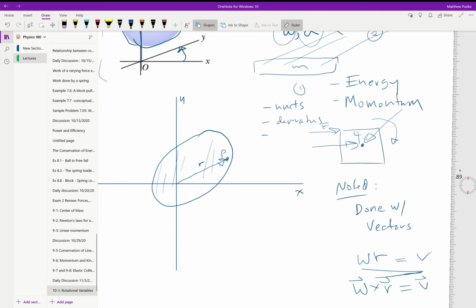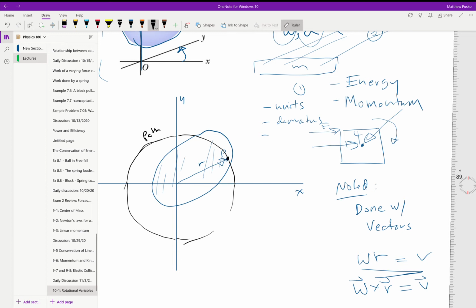And that point, if going about this axis, is going to take a circular path along this radius from the center. So that's the path of that point P.